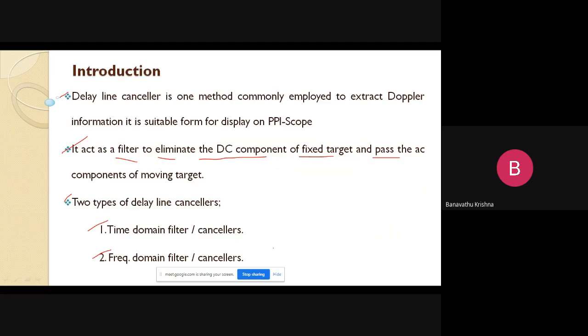This is the basic introduction information about the delay line canceller. It can be used to eliminate the DC component of clutters, that is, the fixed target signals, and pass the AC component signals, such as those from the moving target indication.